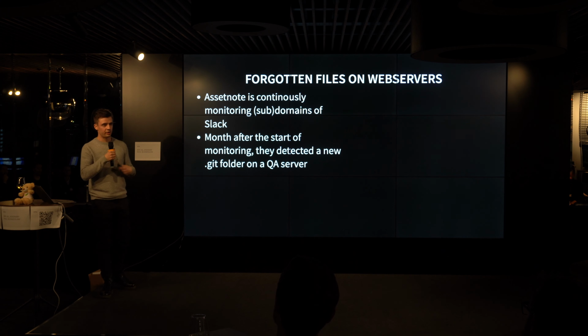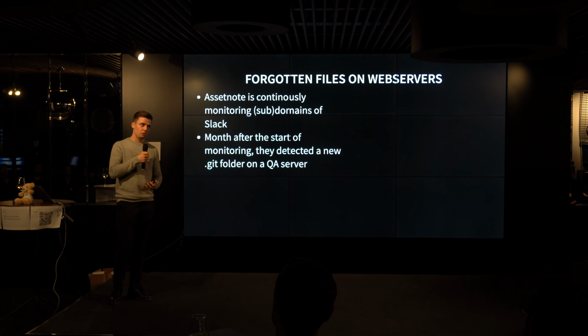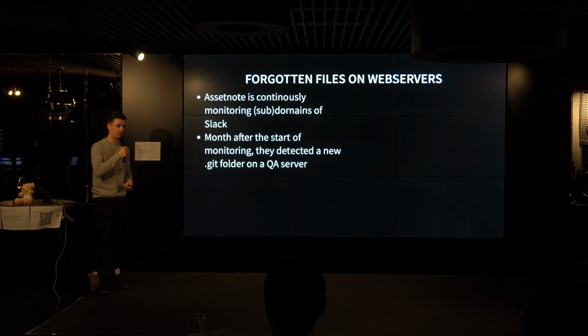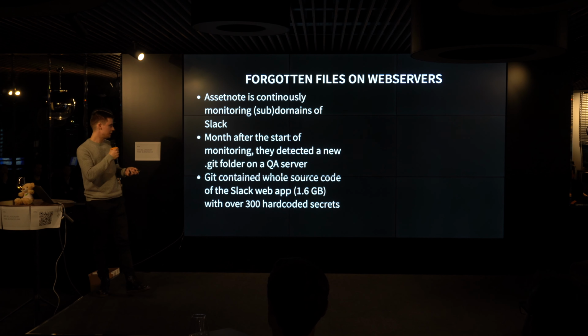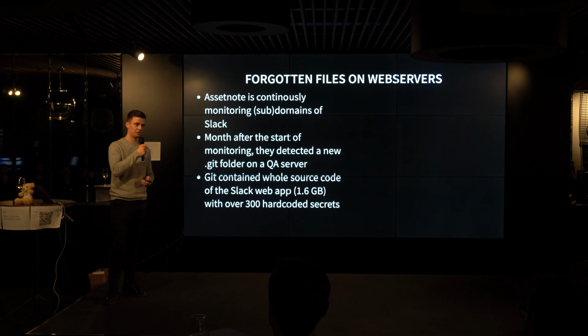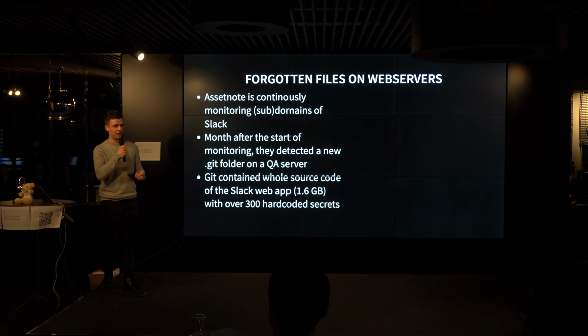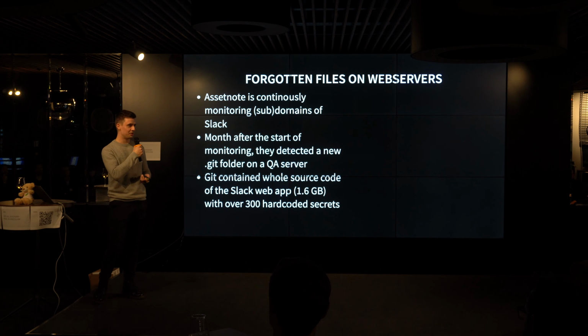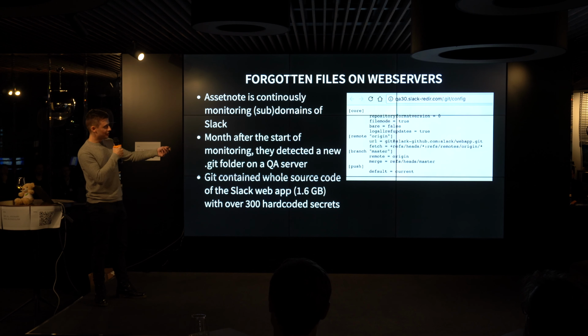And they were scanning this every hour. After a few days or a few weeks, they got an alert about a new .git folder on one of the Slack QA servers. It turned out this was a Git repository of the Slack web application, which was 1.6 gigabytes with over 300 hard-coded secrets. And it looks something like this.